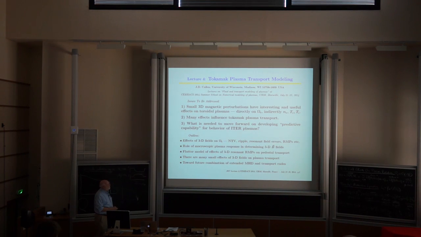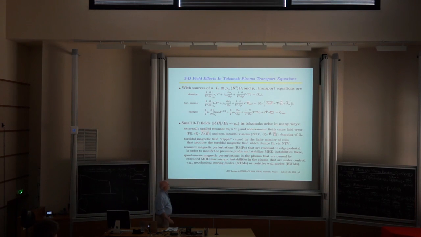And then I'll tell you a little bit about something called a flutter model, which is kind of intermediate between kinetic and fluid approach. And basically try to emphasize just that there's lots of these, and then how are we going to maybe pull all this together.